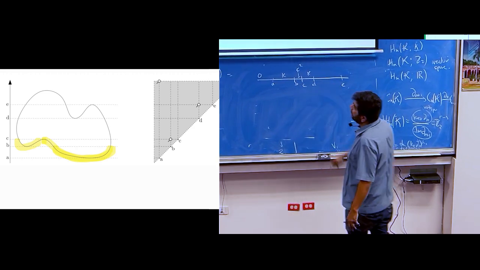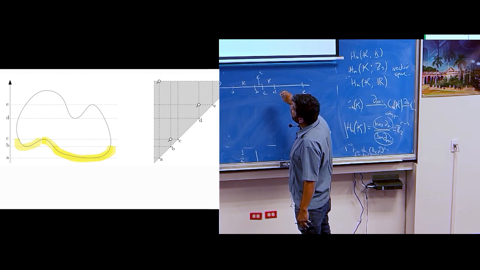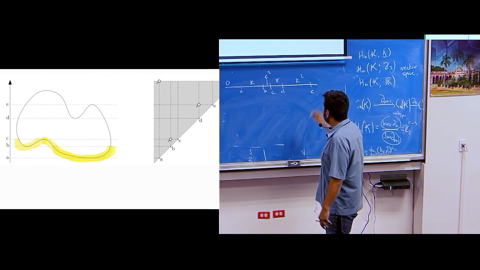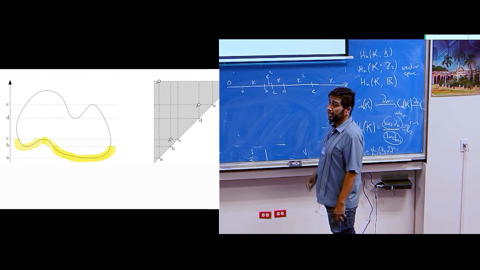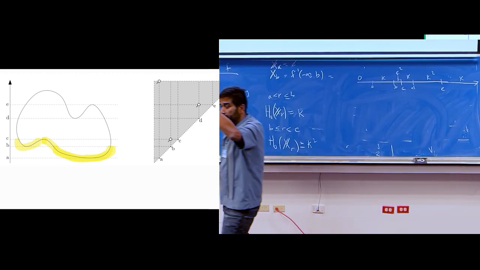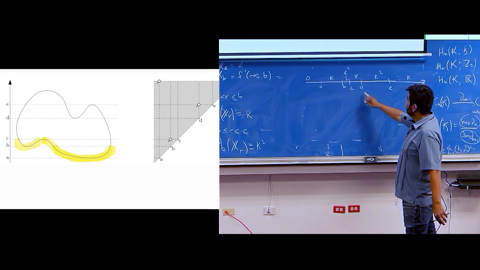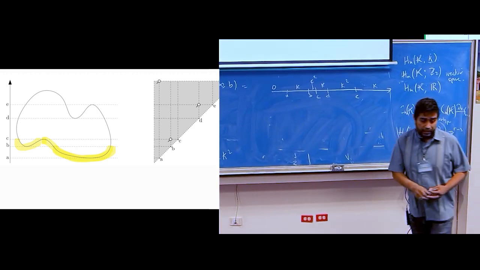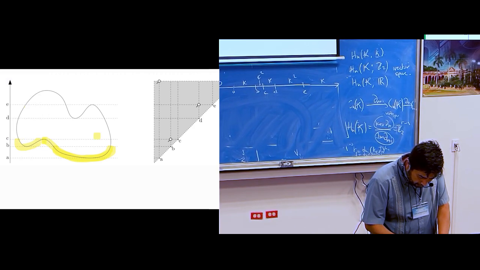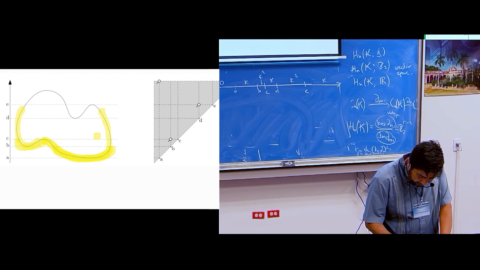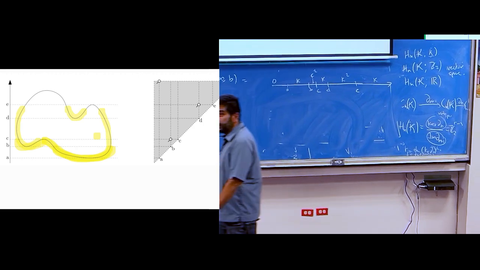Between D and E, K squared again. From E and beyond, it's still K, because it's just one big component. Between D and E, if we don't go all the way to E, we have this and this: two components.